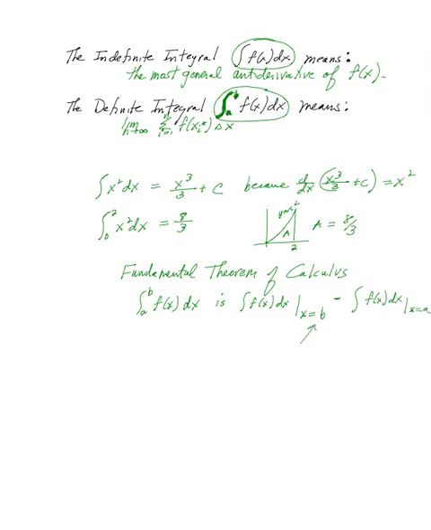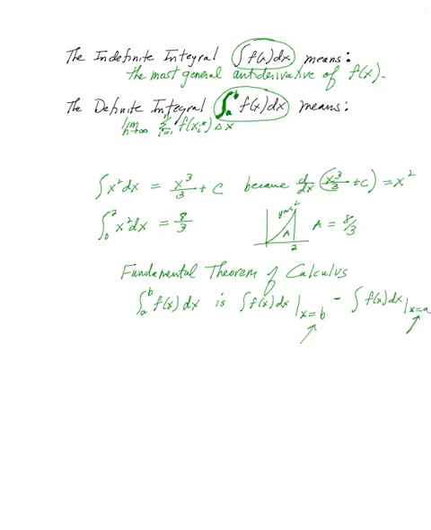This symbolism right here just says, okay, you take the indefinite integral, the most general antiderivative, you plug in b. You take the most general antiderivative, you plug in a, then you subtract.